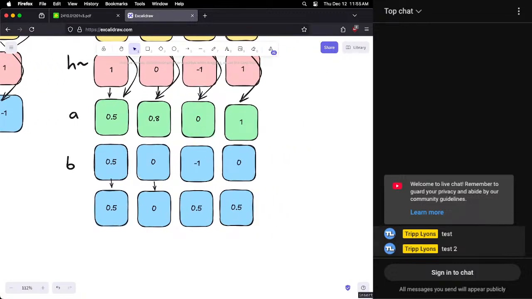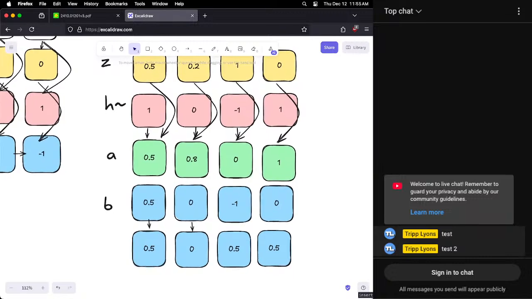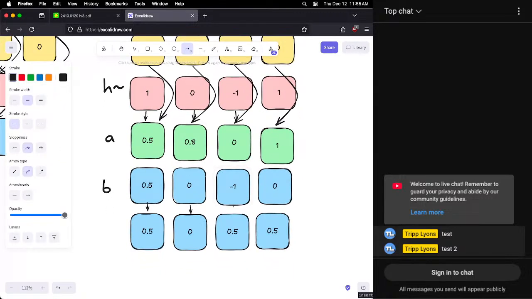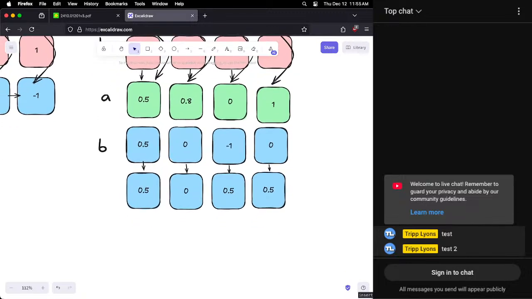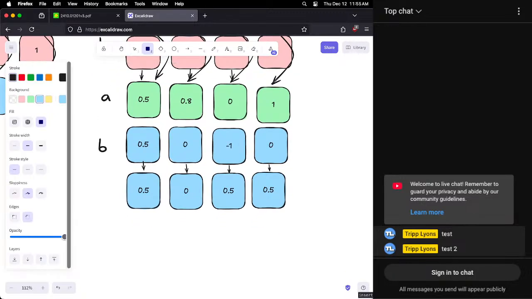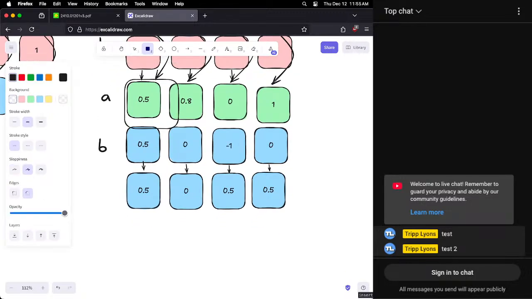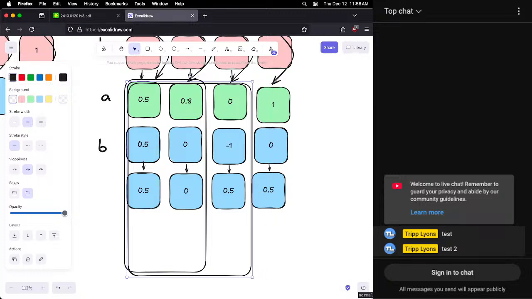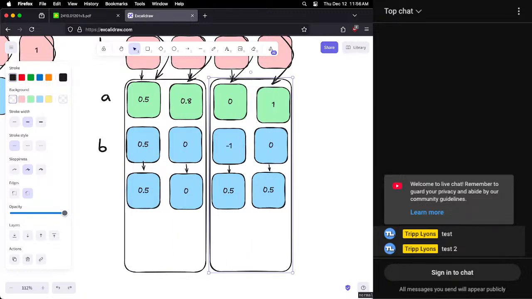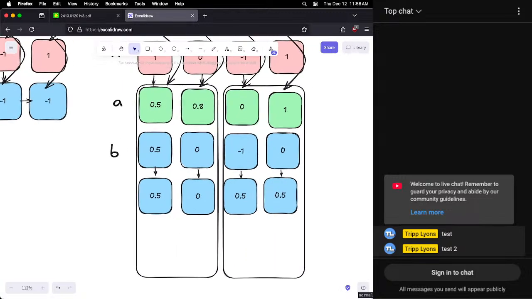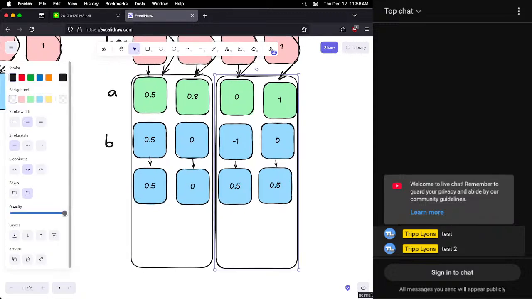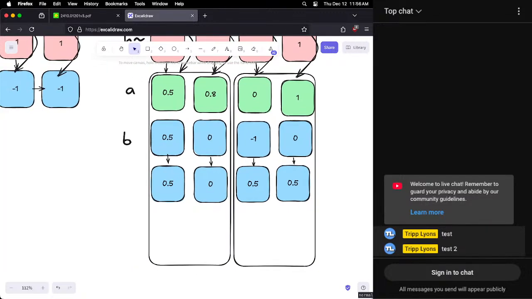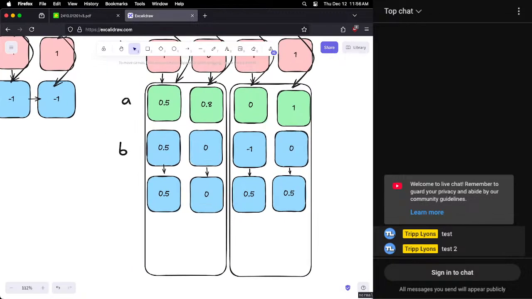And then we can start grouping them. We need to group them into groups of 2. Let's make a little square around that.